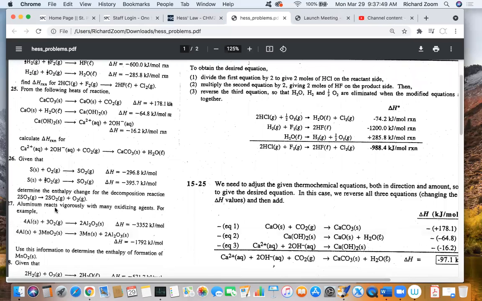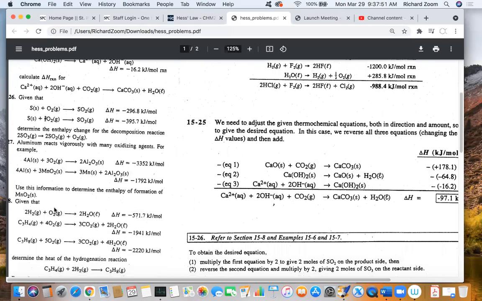So 26 is the one we're looking at. And the idea is that you get these reactions for which you have a delta H value. And the idea is you need to manipulate these two equations in order to come up with the actual equation here so that you can add the delta H's together.